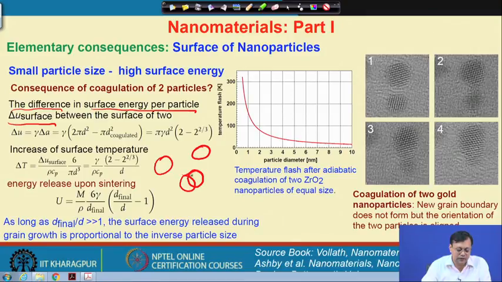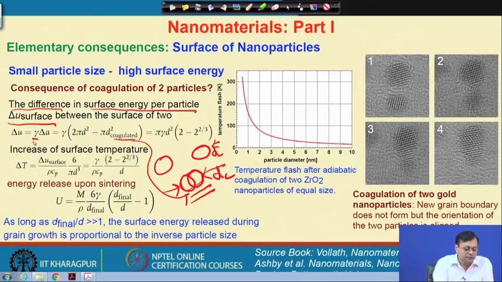So, I have one area here and energy associated with it, and when they are in individual form. This is the coagulated form that we are talking about. Now, after coagulation the size of the particle will change, as I have shown here, and the individual particle has a size of d.